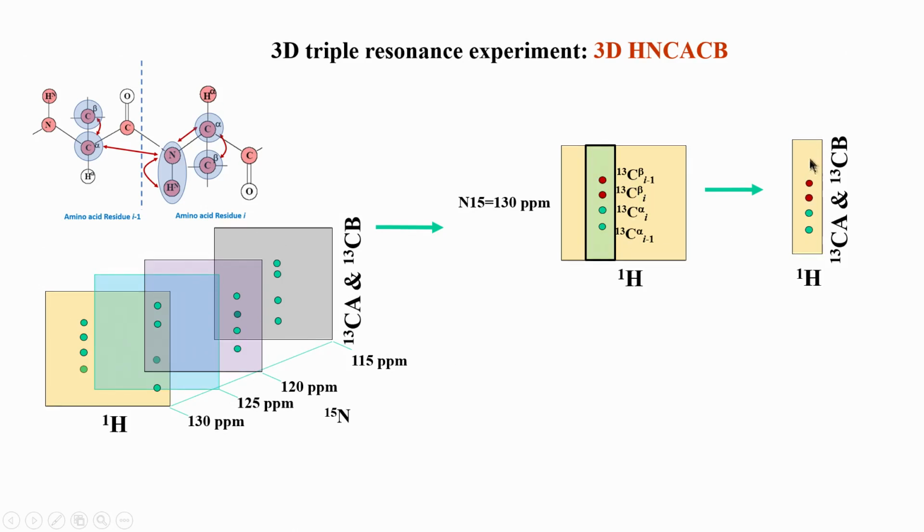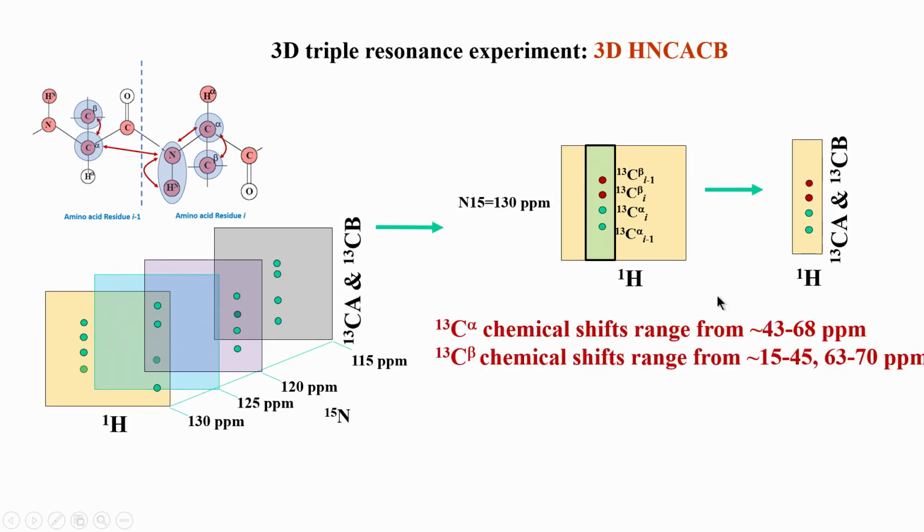So, what is the chemical shift range here? What are the values we are looking at? That is given here. For C alpha, that we saw already, this is 43 to 68, and C beta is now a bigger range, it comes in 2 parts, 2 zones, 15 to 45. Between 45 to 63 normally you do not get any C beta, very rarely you will see, and that is now the C alpha region, more or less.